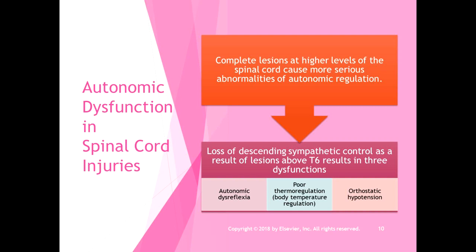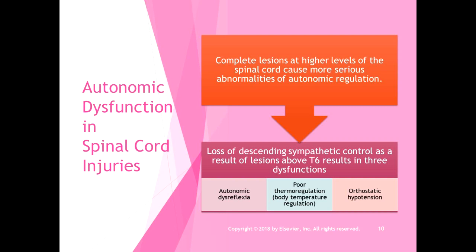Poor thermoregulation is mostly due to lack of thermoregulatory sweating, or excess sweating above the level of the lesion if it's high ambient temperature, so you have to be alert for heat stroke. In cold weather, someone can have the risk of hypothermia due to lack of descending control of blood vessels and inability to shiver below the level of the lesion.